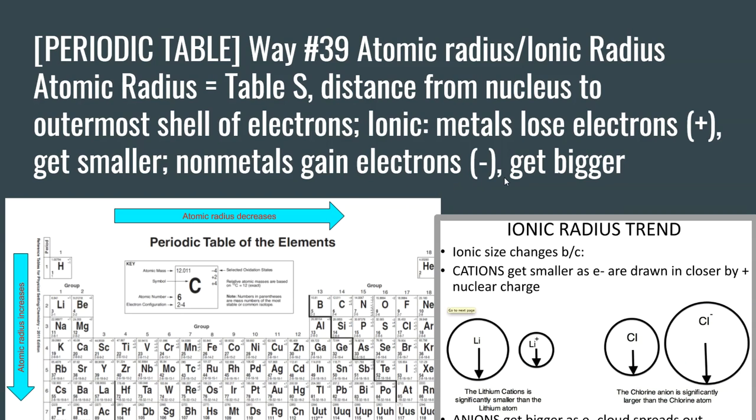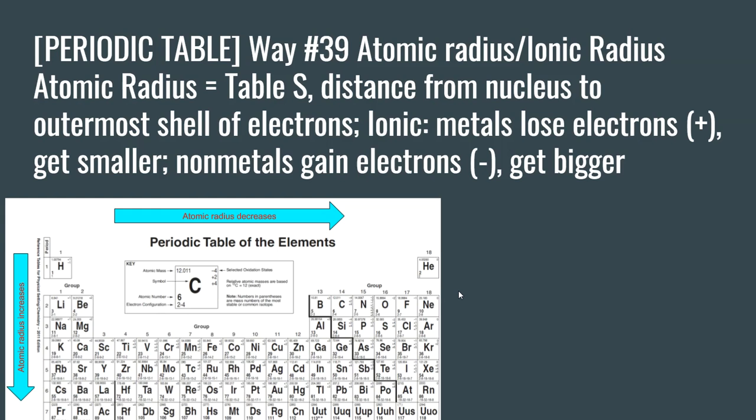Nonmetals tend to gain electrons and get bigger. You won't have Table S to rely on for this piece of information, so you're going to have to remember it. Ions of metals tend to get smaller as they lose electrons, and nonmetals get bigger as they gain electrons because the electrons are repelling each other. So let's try some problems using this information.